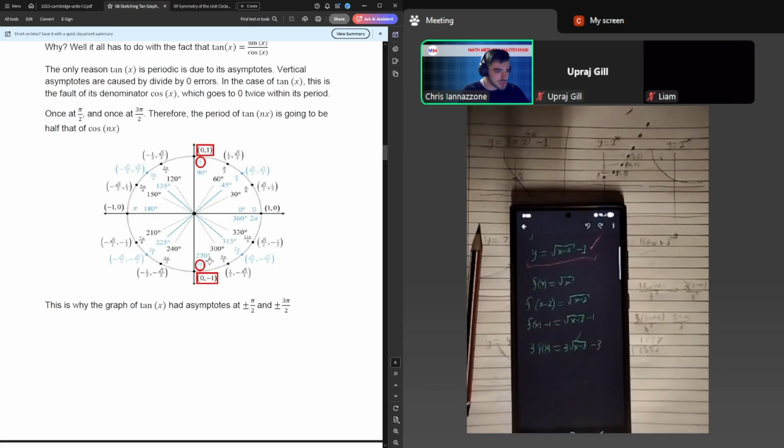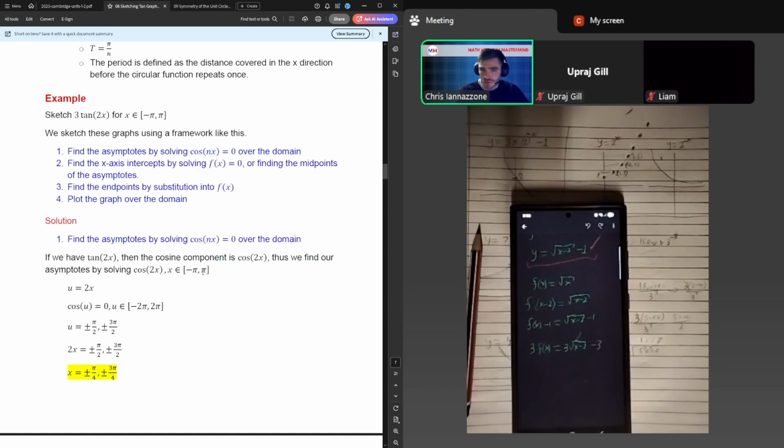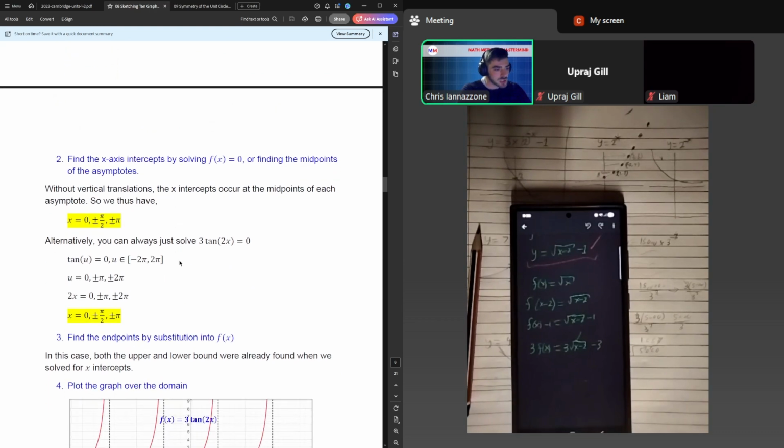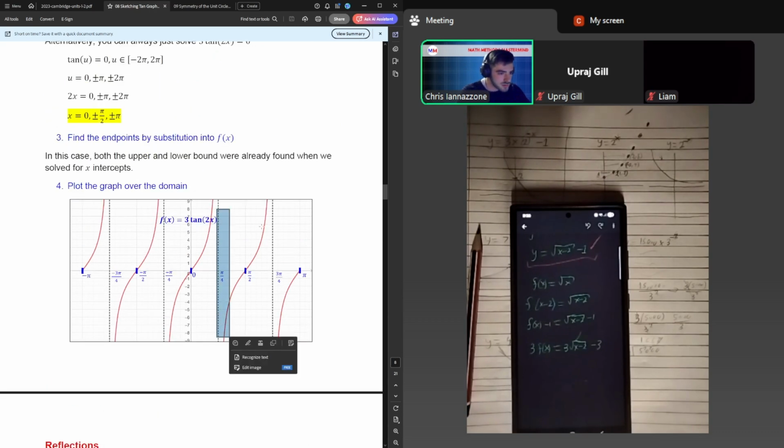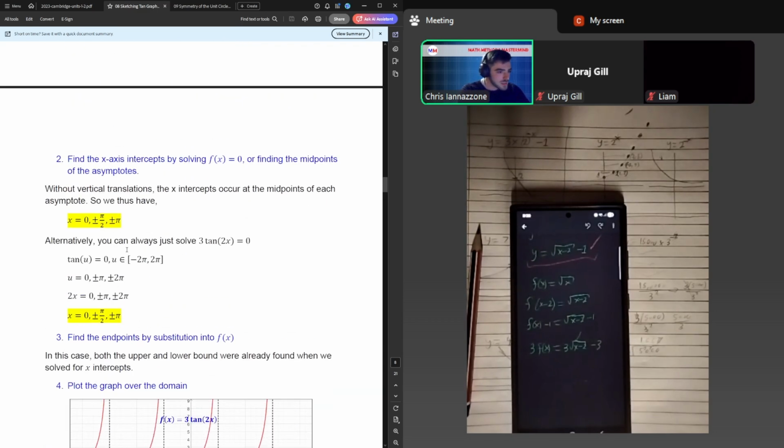So instead of setting y equals 0 like you normally do for any x-intercept, a much shorter way is to look at your asymptotes, dot them all out, and then go through each of the middles and label those as your x-intercepts. So that's if you do the midpoint form. Otherwise, you could just set tan equal to 0, figure out where tan equals 0, and that also gets you your x-intercepts.